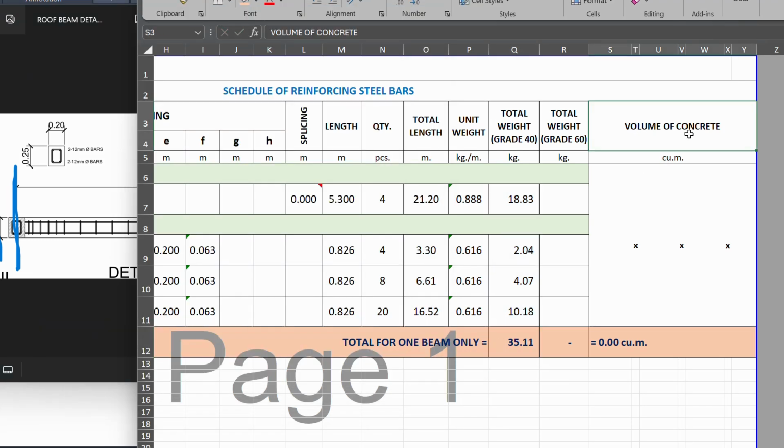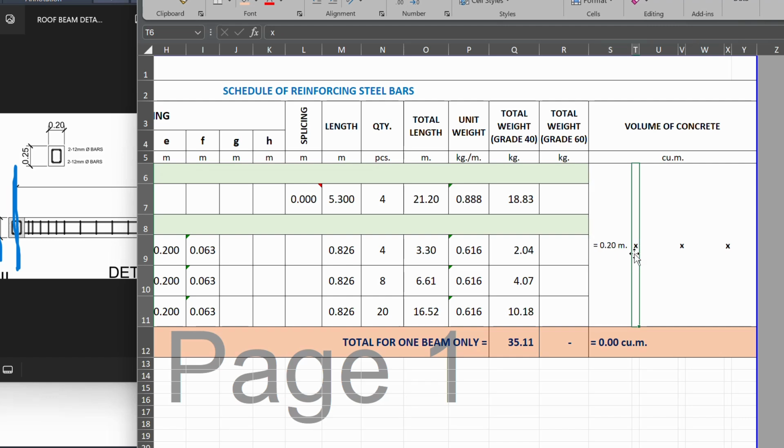So we need the volume of the concrete. The volume of the concrete is just here. Our beam is 0.20 meter. As you can see, I did not input the unit meter, but it appears because I already programmed it this way.